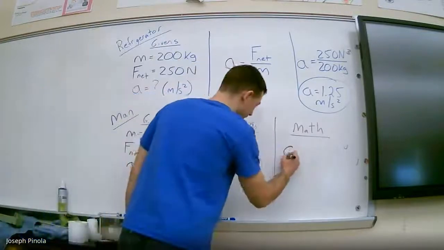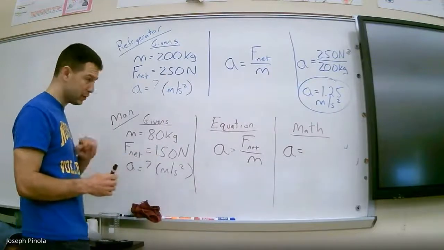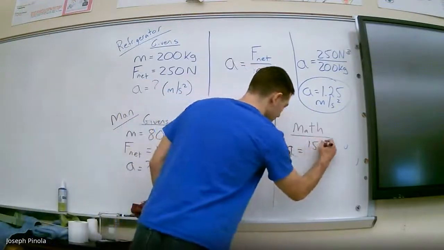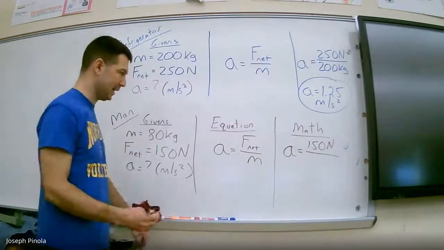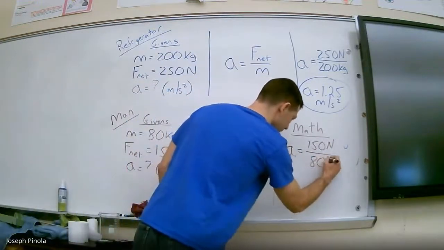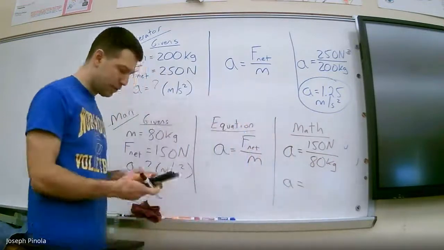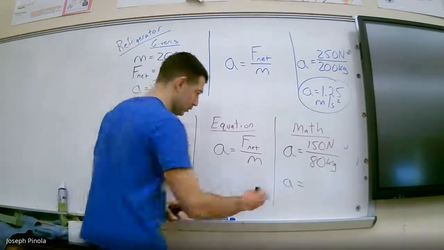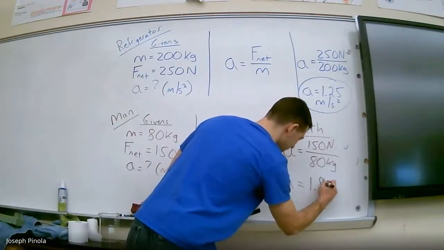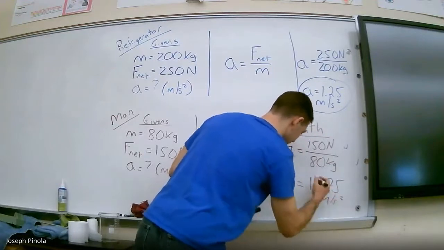And so I'm going to write that A is equal to F net, which is 150 newtons, divided by the mass, which is 80 kilograms. And if I do my math out, 150 divided by 80 is equal to 1.875 meters per second squared.